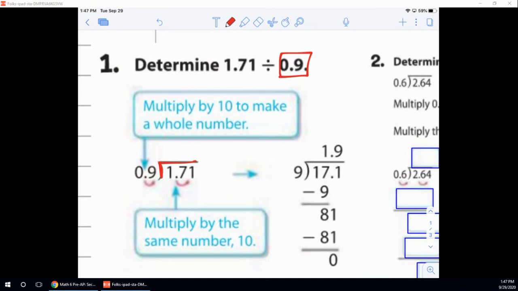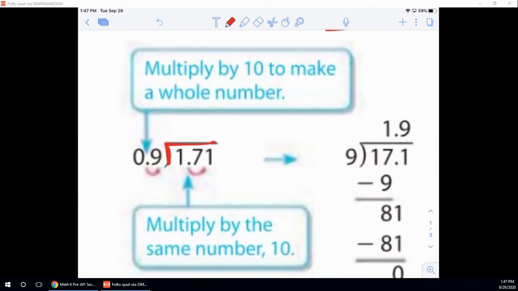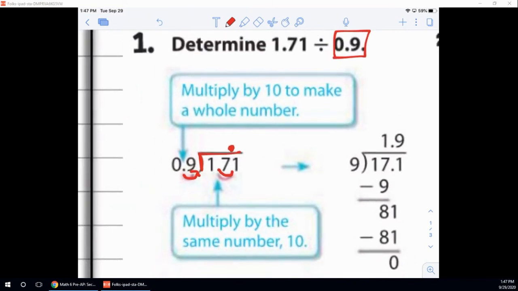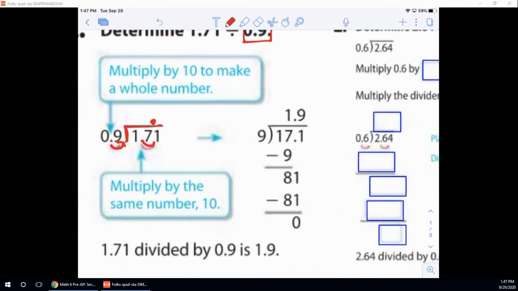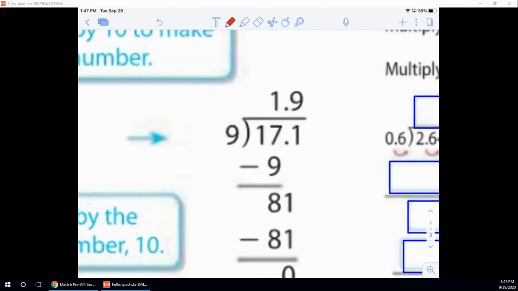So the first thing is I look at my divisor, 9 tenths, and I want to move it to a whole number. So I move the decimal one time to the right. If I do that to my divisor, I have to do it to my dividend. So I'm going to also move it one time to the right. Then I'm going to bring my decimal up into the quotient. Now, as it shows you right here, the next step is to actually do division.